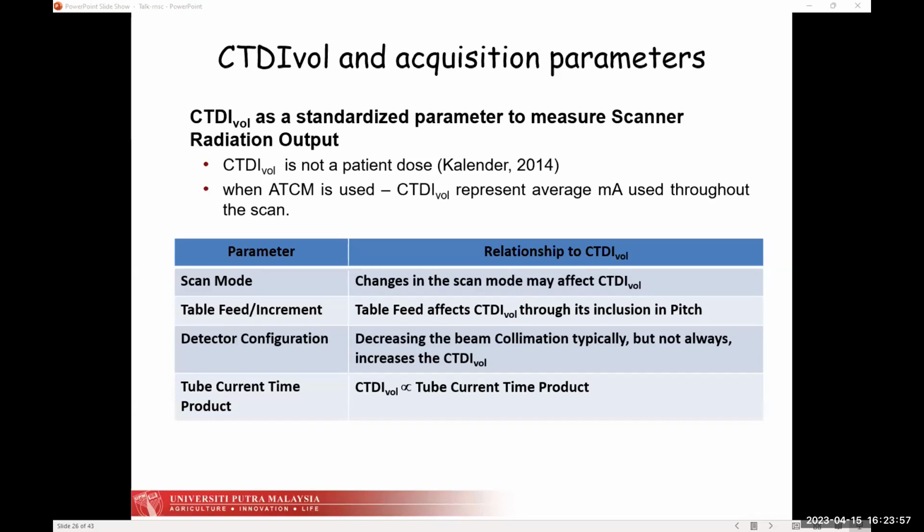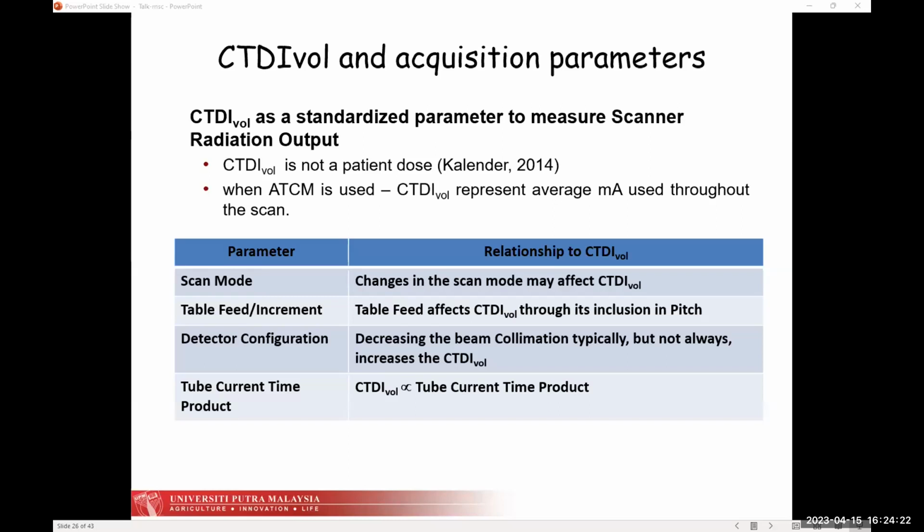If you are using the helical scan or scan step by step, this will change the CTDI vol. And also the table feed, because table feed is related to the pitch factor. Of course, changes of table feed will affect the CTDI vol.